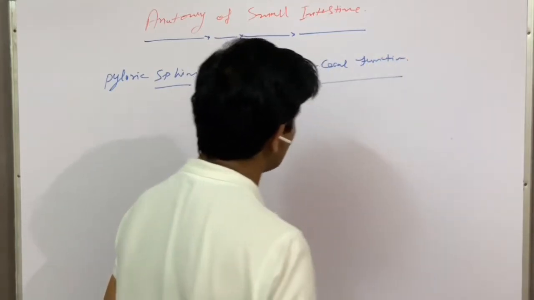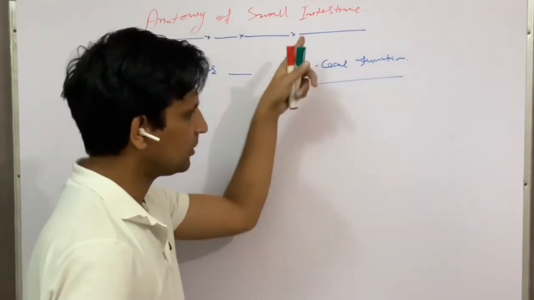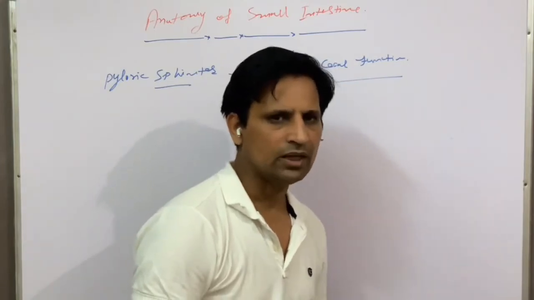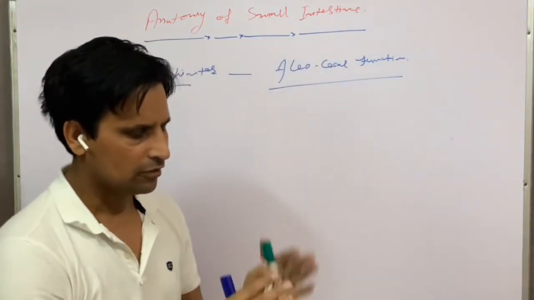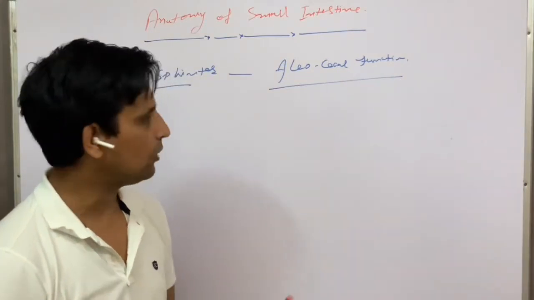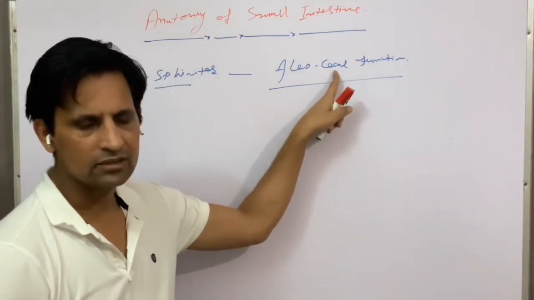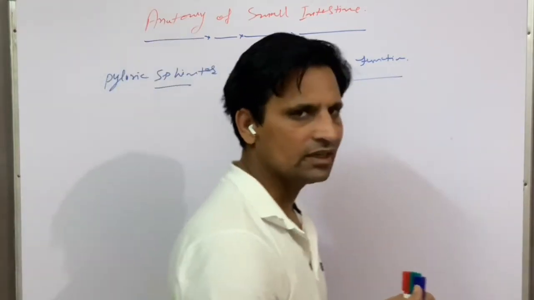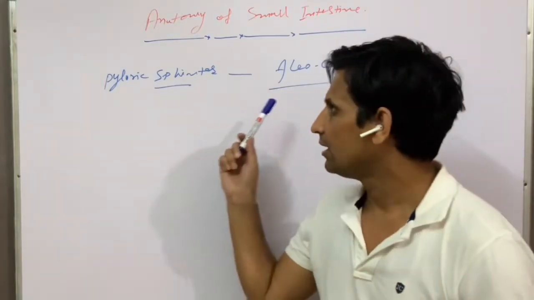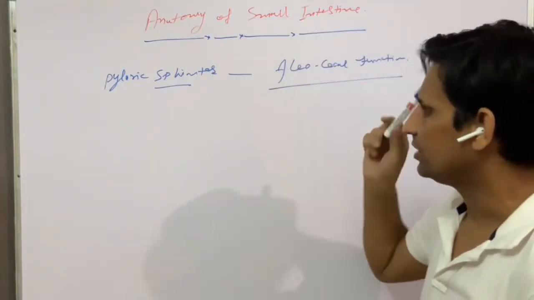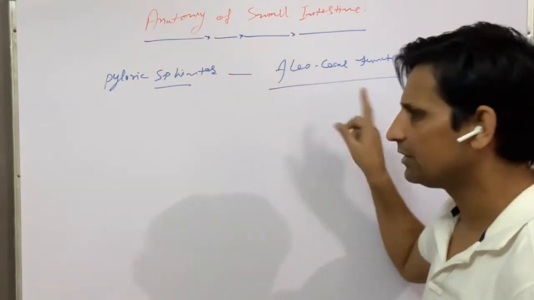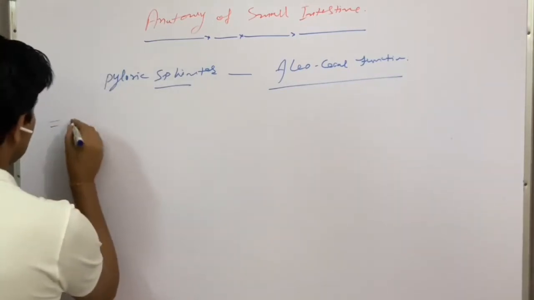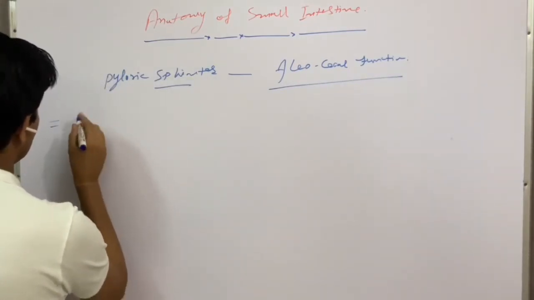Ileocecal junction is named because ileo means ileum, the last part of the small intestine, and cecum means the first part of the large intestine. The cecum is a blind pouch-like structure that is the first portion of the large intestine. So the junction between the ileum and the cecum is the last portion of this extension. The length would be around 5.5 meters.